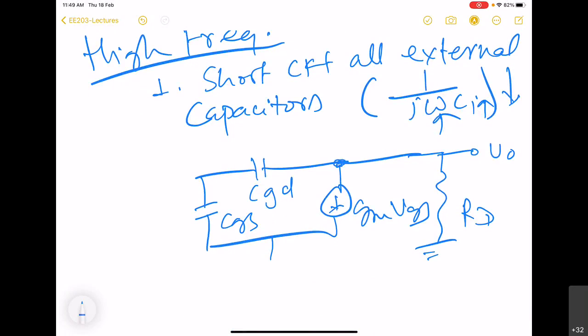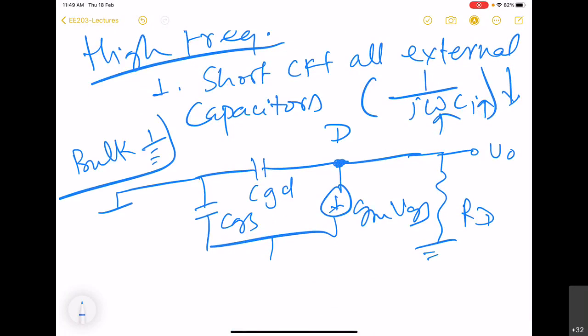Now there will be one capacitor from drain to bulk. Let us say that bulk is grounded. So between drain and ground, and here gate is anyway grounded, that capacitor will also appear in parallel with CGD. So this is CDB, right?